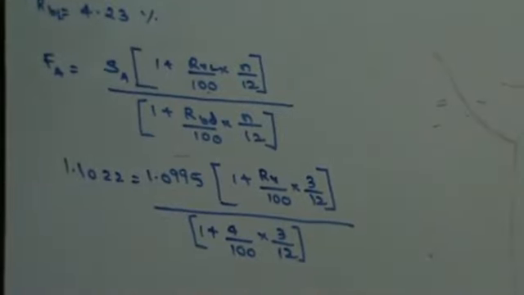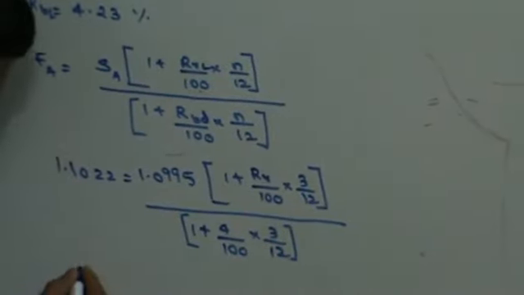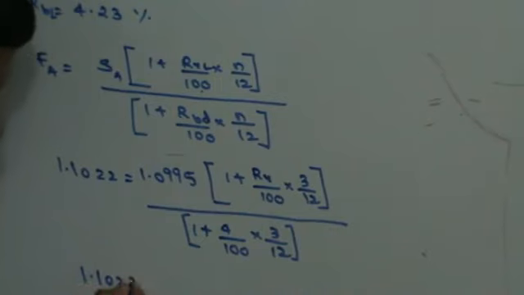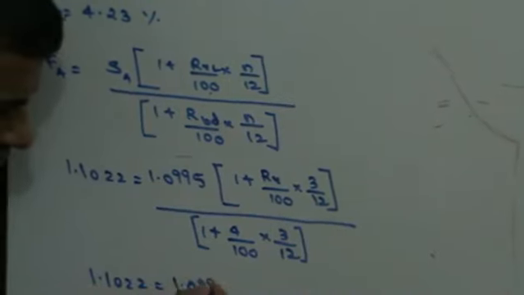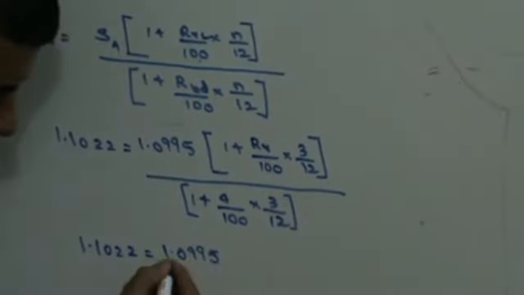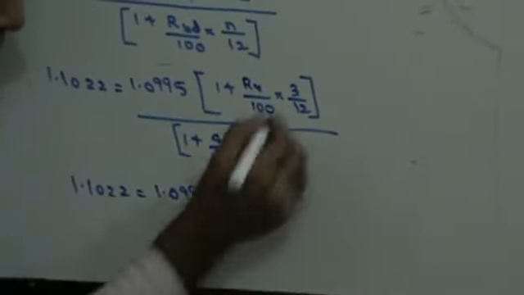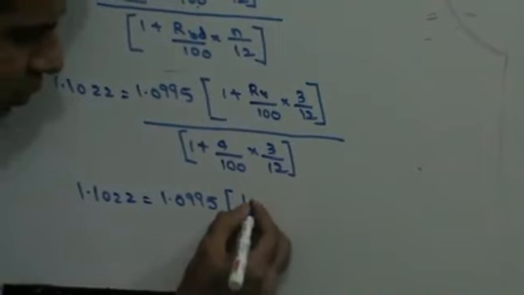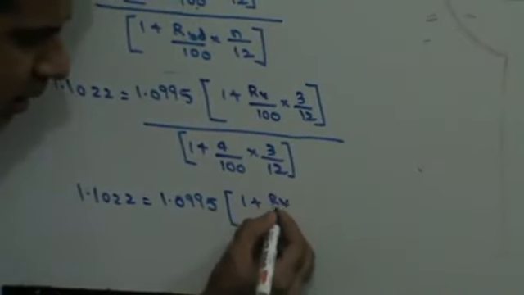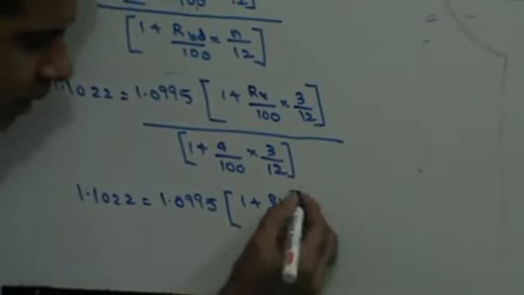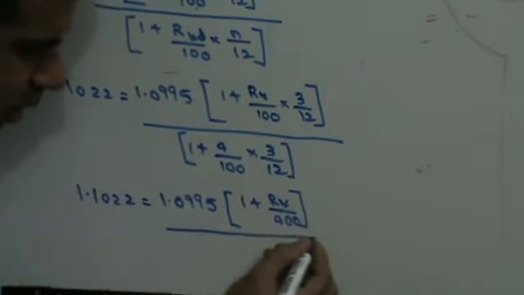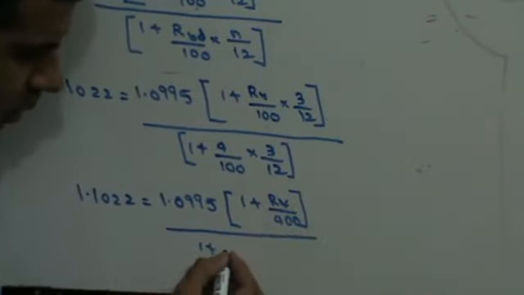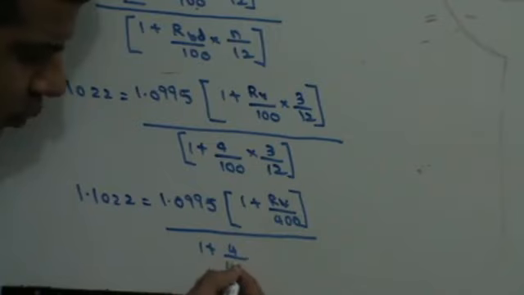Right? So in that case, this is going to be 1.1022 is 1.0995. 3 ones are 3, 3 fours are 12. So 1 plus RV upon 400, upon 1 plus 4 upon 400.